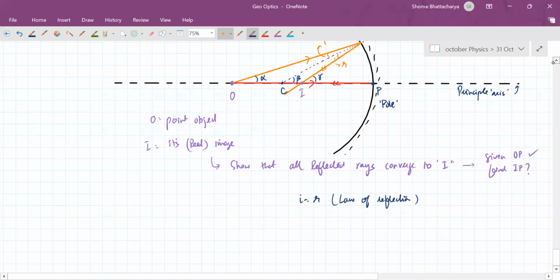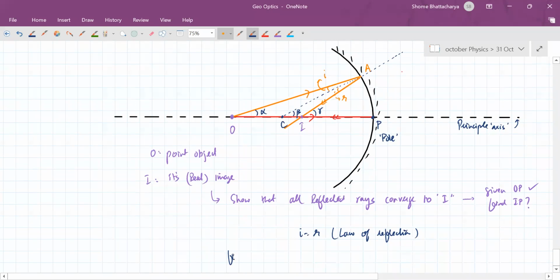Now considering triangle OCA, you can see I and alpha are interior angles and beta is the exterior opposite angle. So beta will be equal to the sum of alpha plus I. Exterior angle is equal to the sum of interior opposite angles.